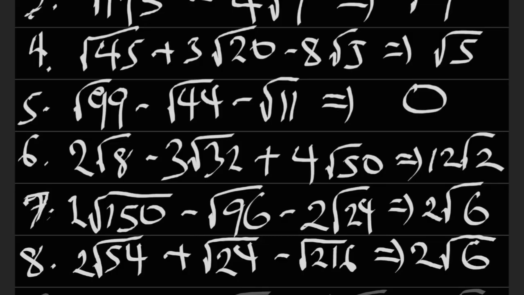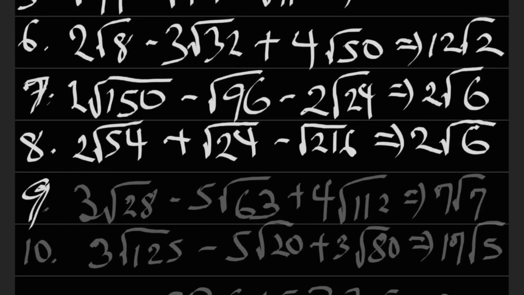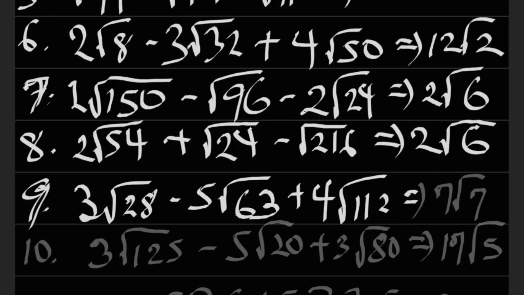Question number 9. 3 root 28 minus 5 root 63 plus 4 root 112. If your answer is correct, your answer will be 7 root 7.